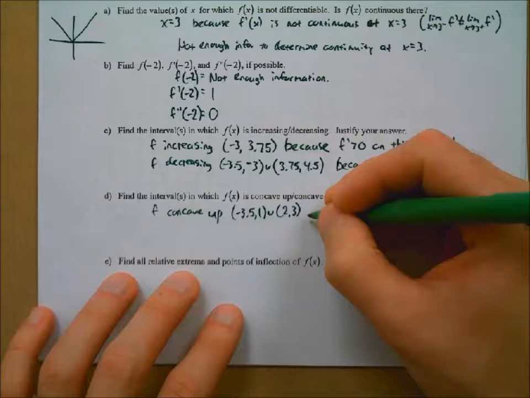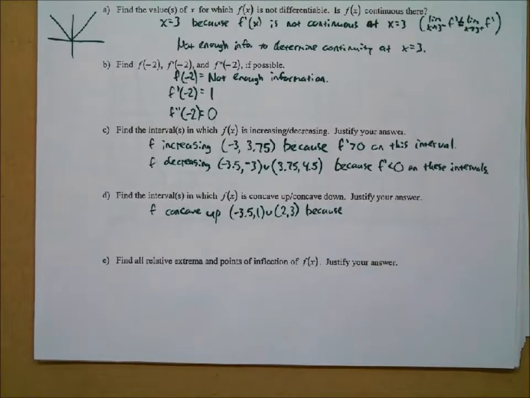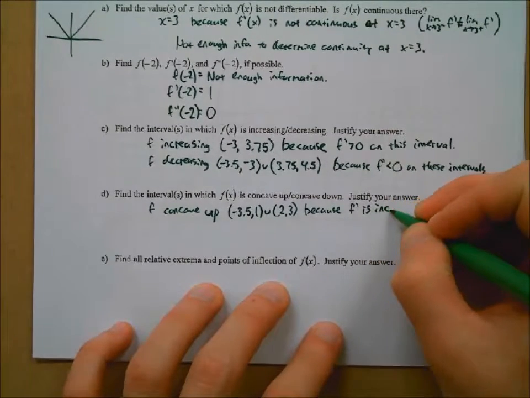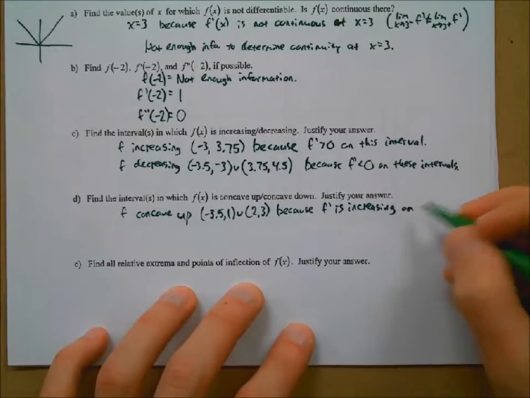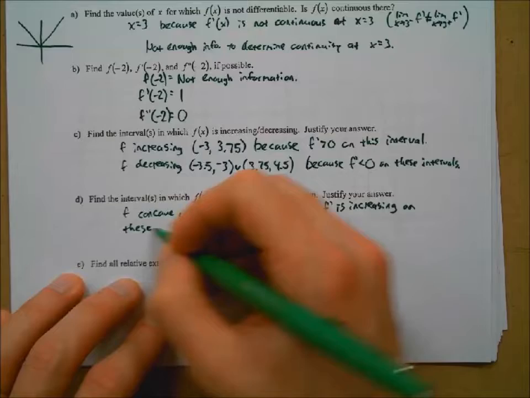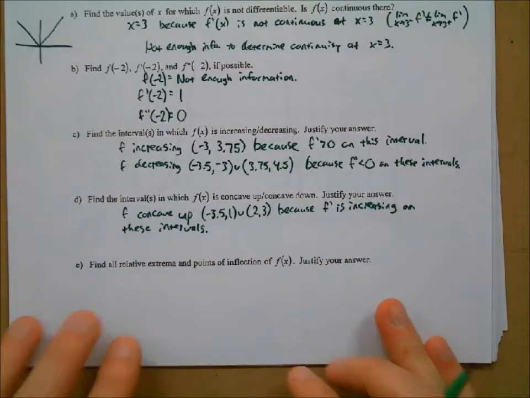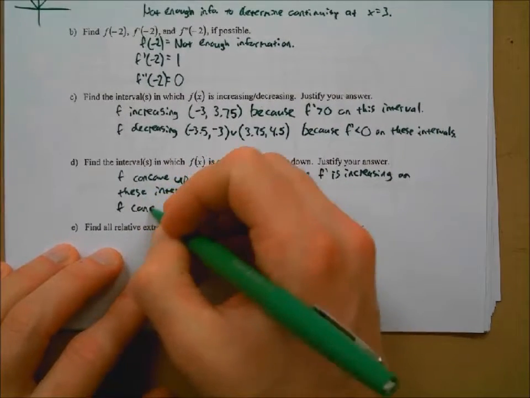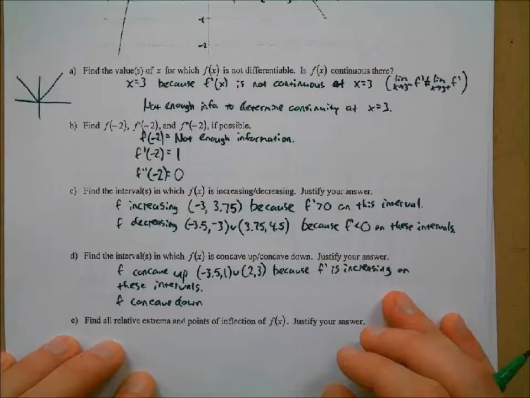Okay, because f prime is increasing on these intervals. As our justification. And so then likewise, f is concave down for, let's see, 1 to 2 and then 3 to 4.5.